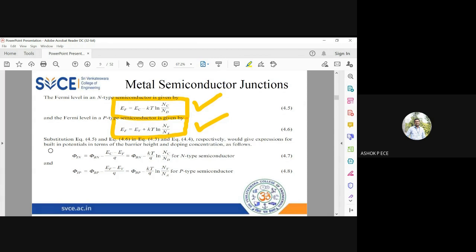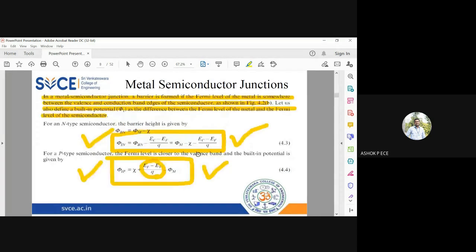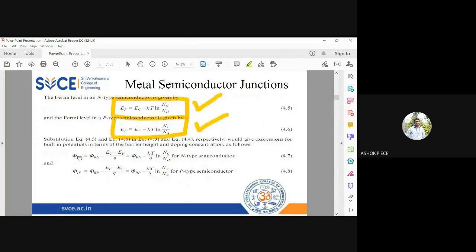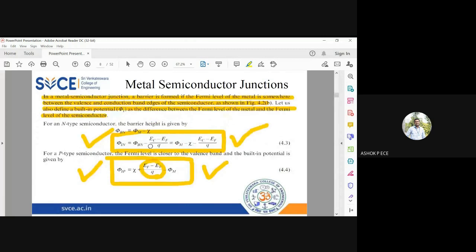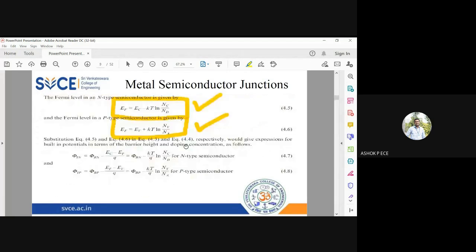So in the same way, from the two equations, I can find what is EC minus EF and what is EF minus EV. If I substitute these in the previous two expressions for the built-in potential, I can write phi 1n equal to phi bn minus EC minus EF by Q. That is the expression we have. And EC minus EF is going to be KT ln NC by ND.